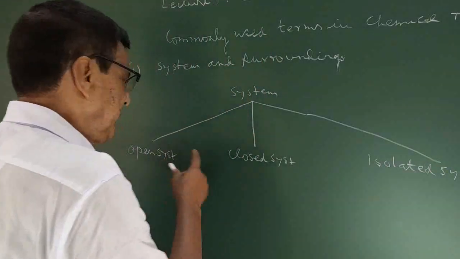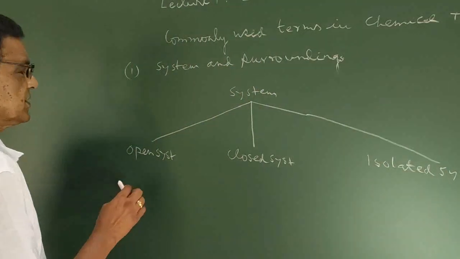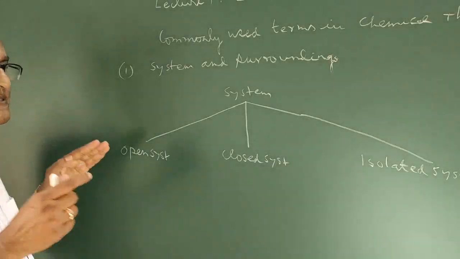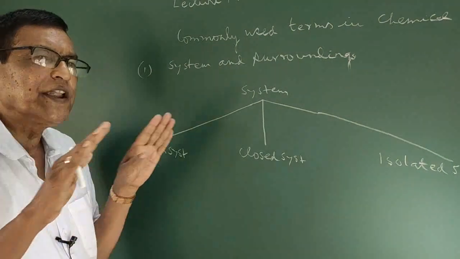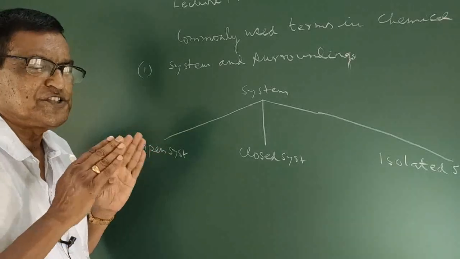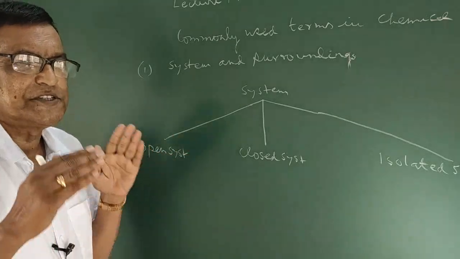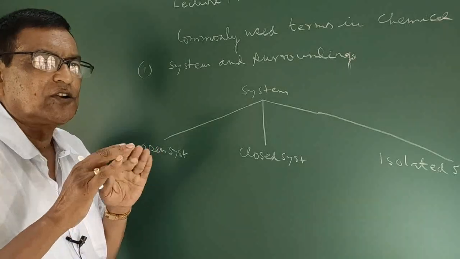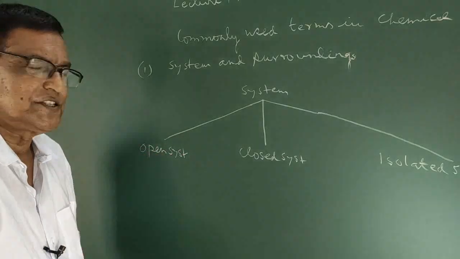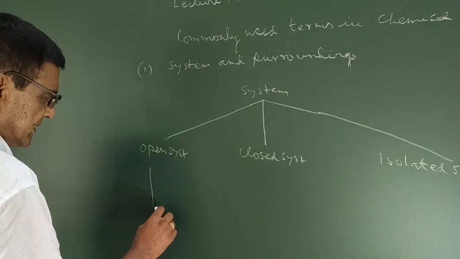In case of open system, the mass and the energy could be freely exchanged between this system and surrounding. Means mass and the energy are not fixed for that system. So we can give one example.